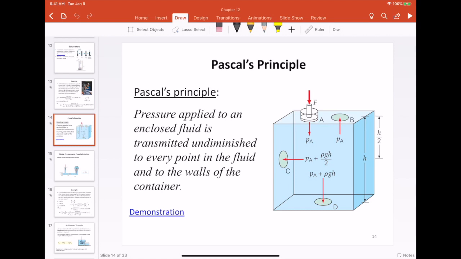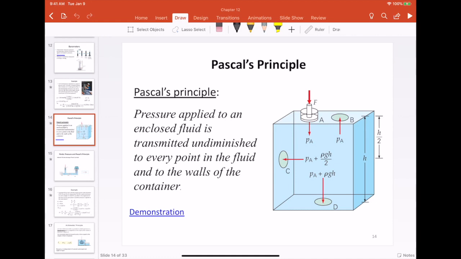So what Pascal's principle is telling us about fluids is that fluids are essentially incompressible. Why? Because if you're applying pressure to one point in the fluid and the entire pressure is being transmitted to every other point in the fluid, what that means is that the fluid is not able to squeeze and make room. And so the entire pressure that you're applying is being transmitted to every point in the fluid.